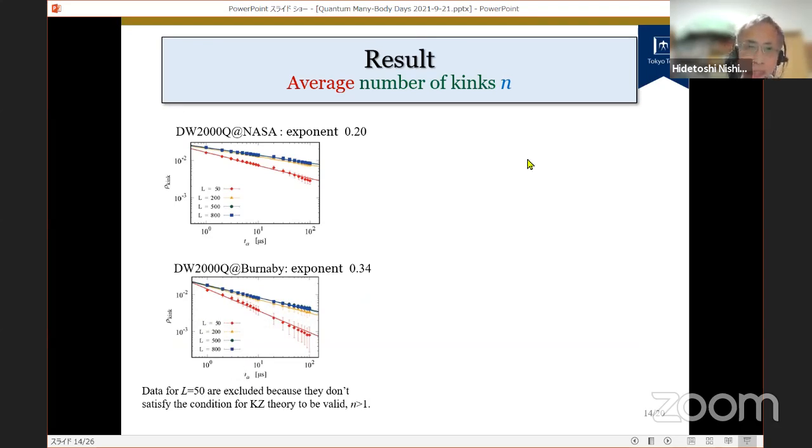So these data points for larger system sizes represent the infinite size limit, we believe. No scaling is necessary. 200 is large enough. I see.